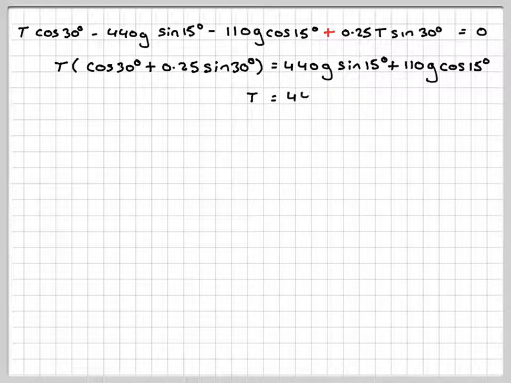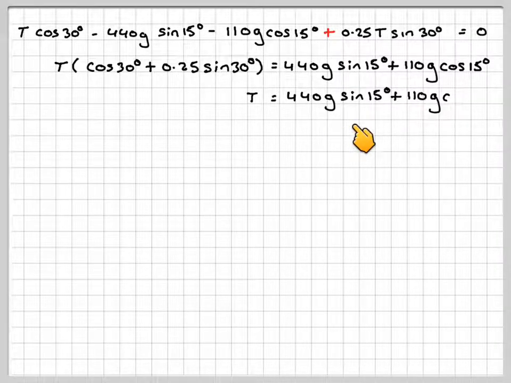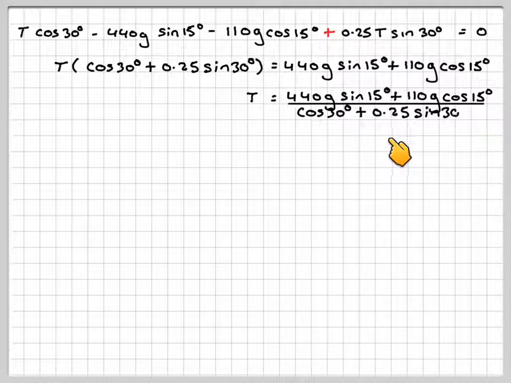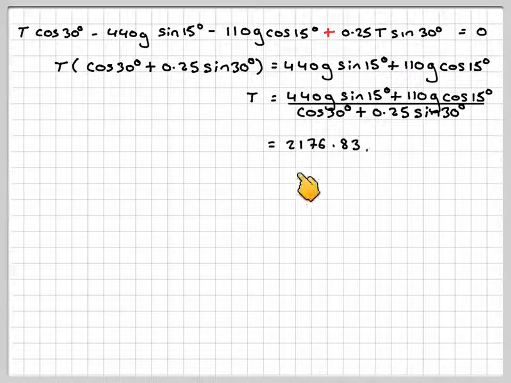And then we make T the subject, so we get 440 g sine 15 plus 110 g cos 15 divided by all of this, which is cos 30 plus 0.25 sine 30. Now, using the fraction button on a calculator, if we're careful, we can change a couple of the signs in the previous calculation. If not, type it in again. Be very, very careful.